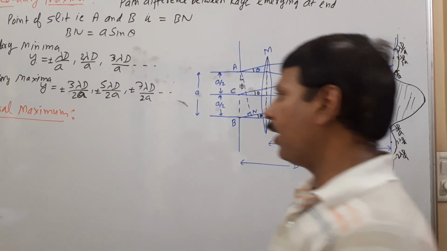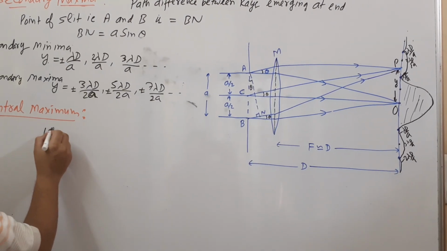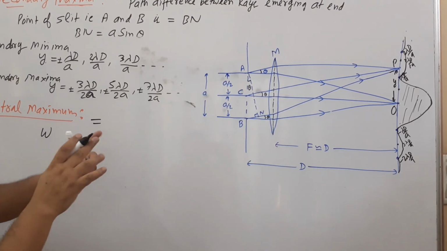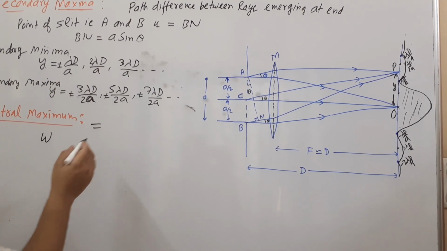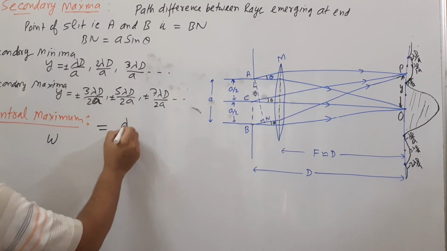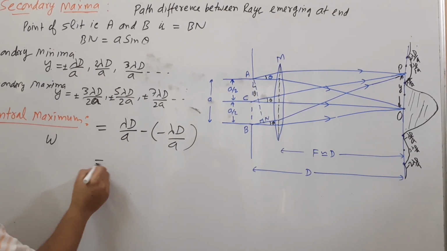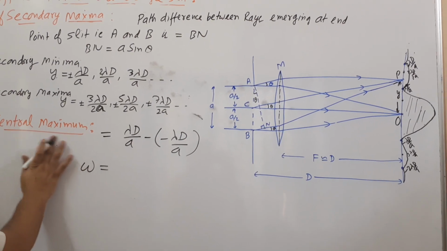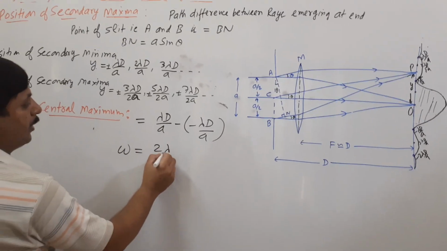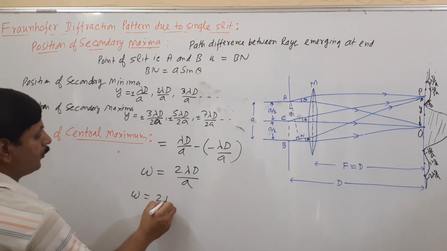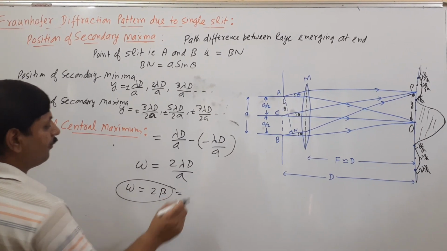The width of the central maxima is from minima to minima, so that will be lambda d upon a plus lambda d upon a, equal to 2 lambda d upon a. Or you can say this is 2 beta, twice the fringe width.